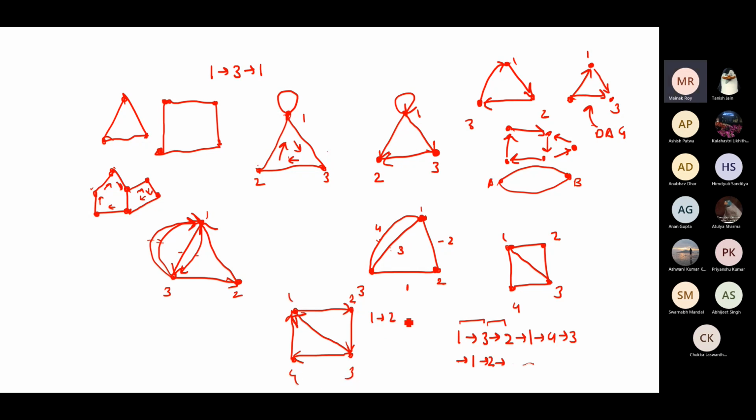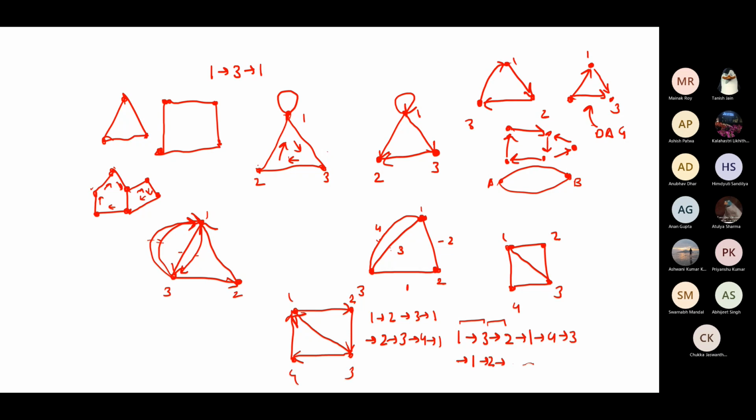You can go from 1 to 2 to 3 to 1, and then you're kind of stuck. Or 2 to 3 to 4 to 1 to 3. No, not 1 to 3. So there are very limited possibilities for a walk here, but I hope you get the idea.